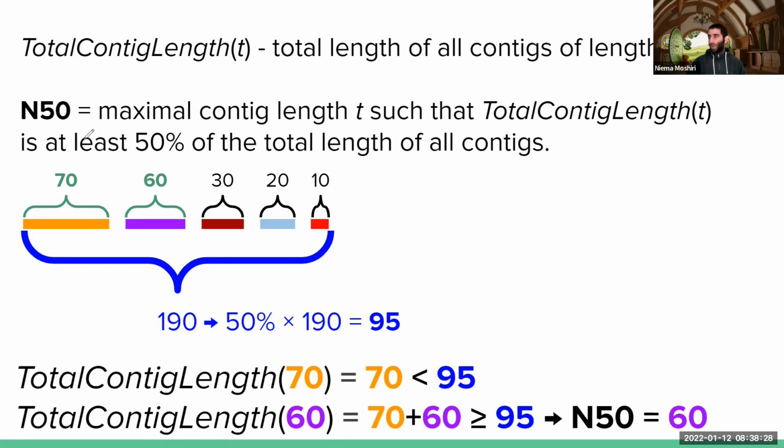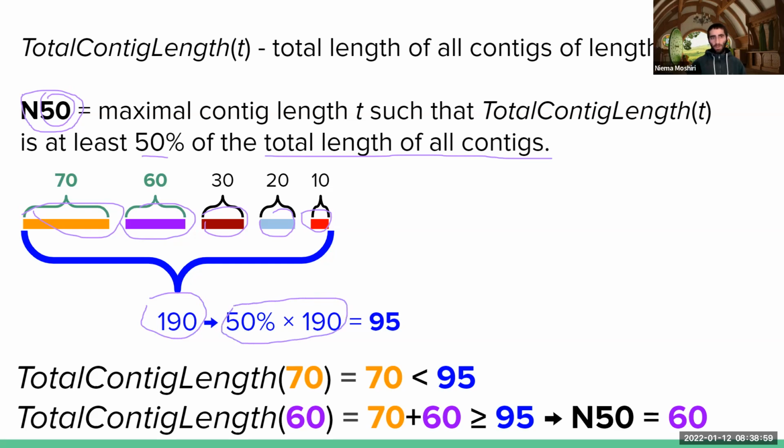So for N50, we were looking at the total length. What we were comparing against was the total length of all the contigs. We added up the lengths of each of these contigs and got 190, and the 50 meant 50% of that.